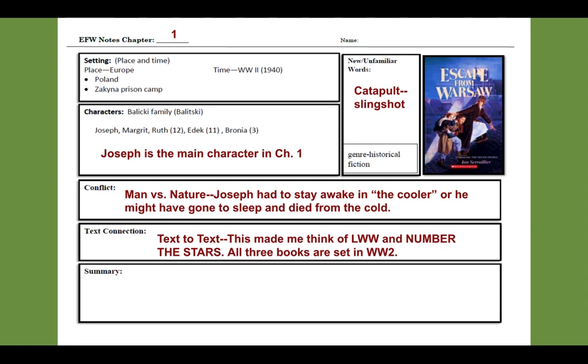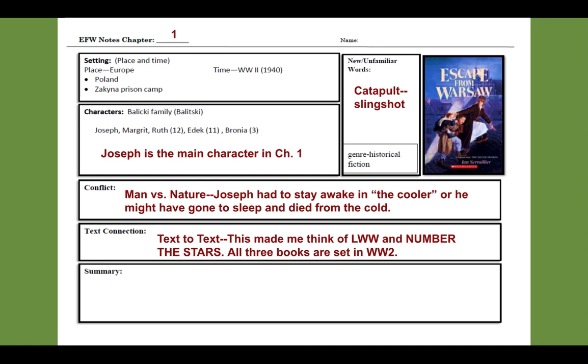Now, if I were to ask you to give a one-sentence summary of this chapter, what do you think you would say? Let's think about what actually happened in the chapter. At the beginning of the chapter, Joseph is in his classroom. He's teaching his scripture lesson.